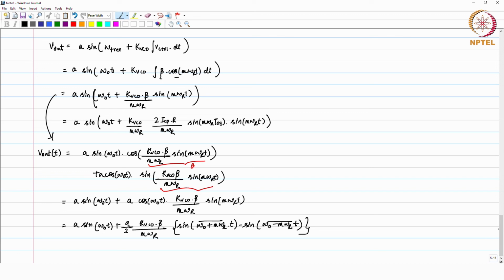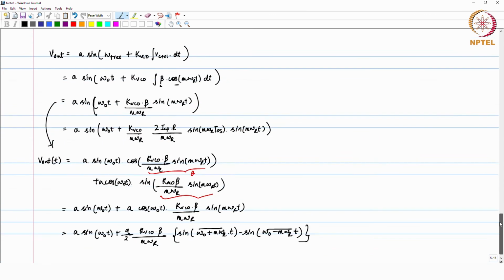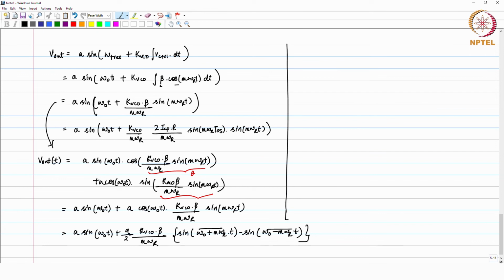If m is equal to 1, let us just simplify this. So, further you are going to see spurs at the reference and its harmonics. V out of t has the frequency omega naught, plus it also sees the magnitude k VCO beta by 2 m omega r at omega naught plus omega r and omega naught minus omega r.